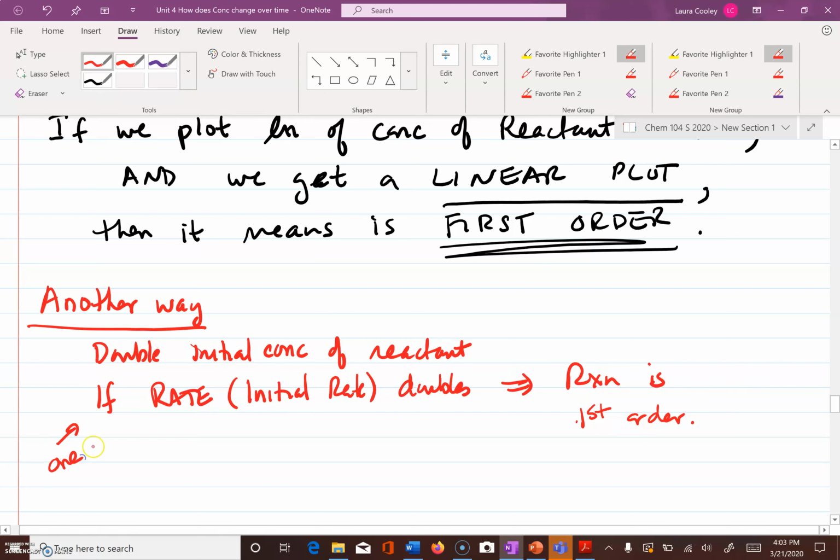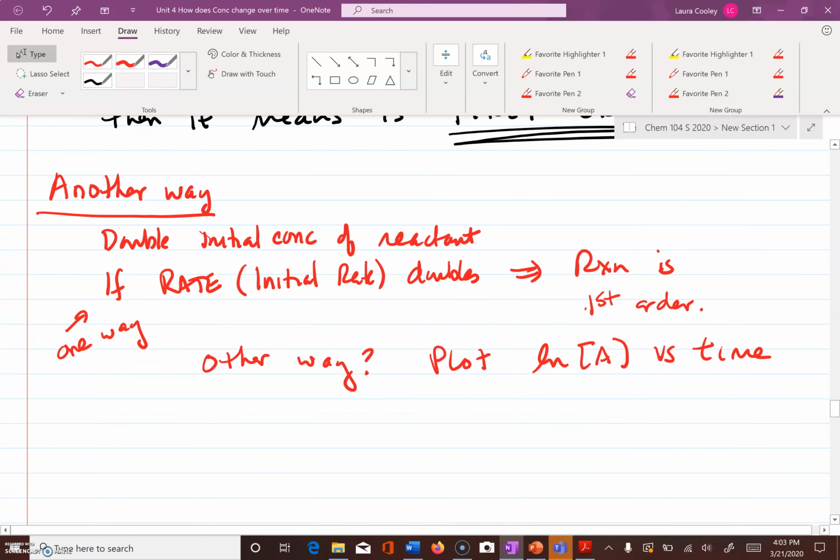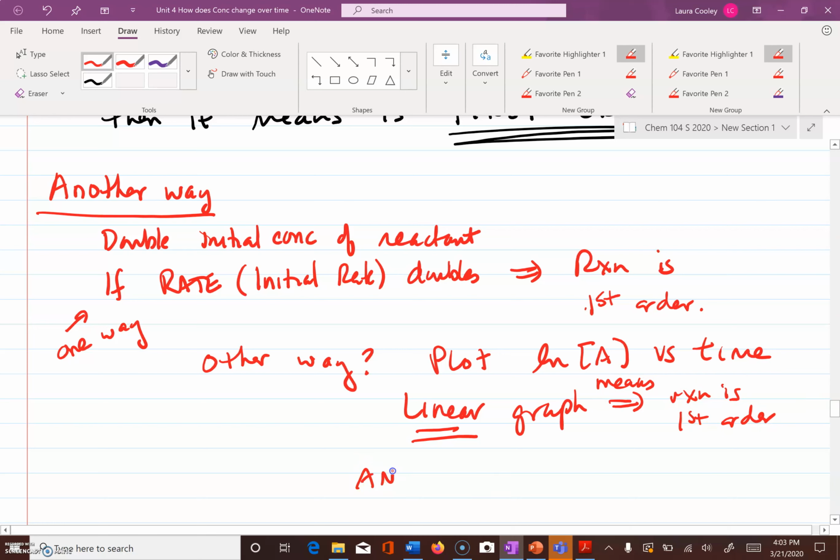The other way is you plot the log of that concentration versus time. If you have a linear graph, it means the reaction is first order. And you also get the added bonus that the rate constant is the negative of the slope. So that's a very nice thing to know and to be able to use.